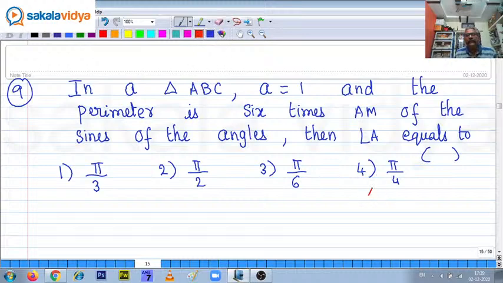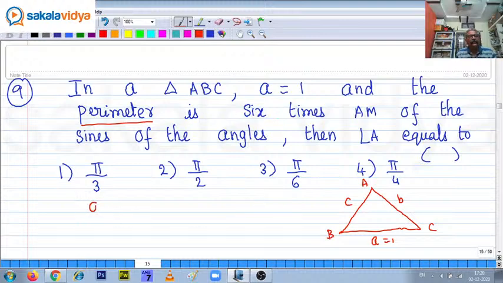Okay, in triangle ABC, this is A, this is B, this is C. This side A equals to 1, this is side B, side C. So perimeter is equal to A plus B plus C, 6 times the arithmetic mean of the sines of the angles, sine A, sine B, sine C. That we can write as sine A plus sine B plus sine C upon 3.